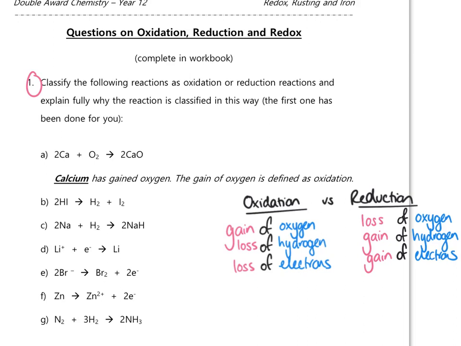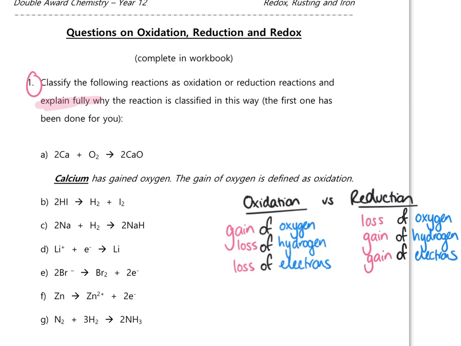So you can see here you've been given 7 different reactions, and you've just been given the equation for them. Sometimes a balanced symbol equation, sometimes a half equation. What you need to do is decide whether they are oxidation or reduction, and then explain fully why it is classified in this way. So make sure you don't just write oxidation or reduction. You've got to explain why.